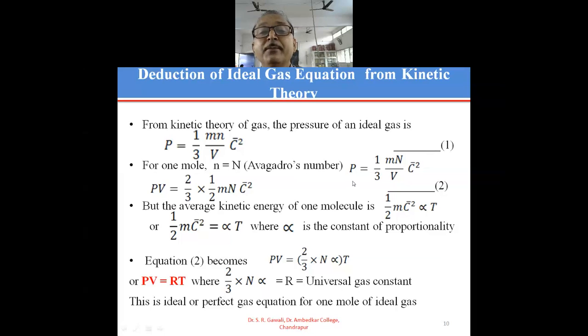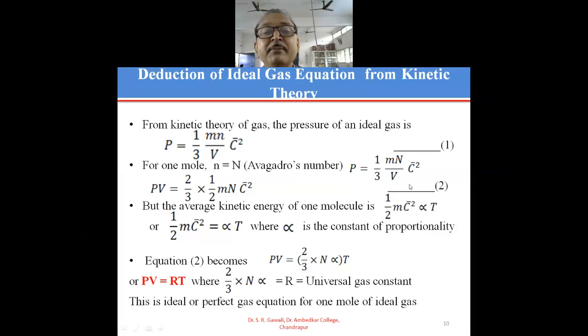Therefore, instead of small n, we will write capital N, because the number of molecules present in 1 mole of ideal gas is nothing but capital N, the Avogadro's number. So we can write P equal to 1 by 3 m into capital N upon V into c bar square.